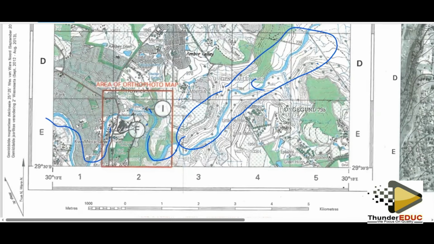So it means that this river was flowing, if we put our compass like this, coming from the northeast going to the southwest. Why do we say southwest for this case?